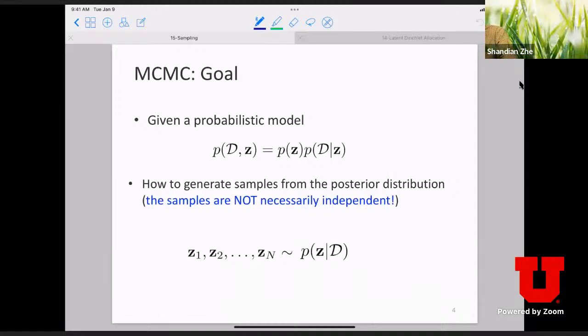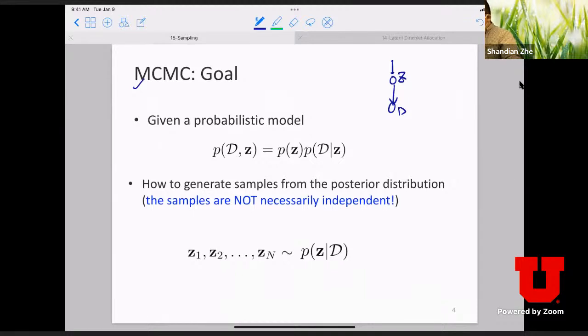So first, let us look at the goal for MCMC. Right? So suppose we have a probabilistic model. Again, we assume there is a latent random variable z, and you have some prior to sample z, okay? And then given z, you sample the observed data d.